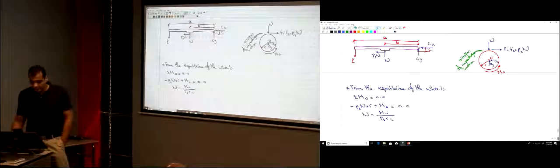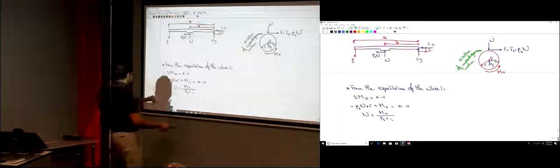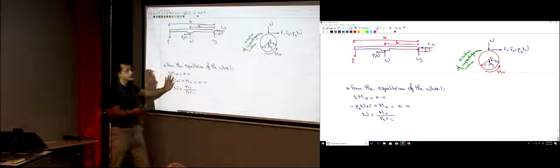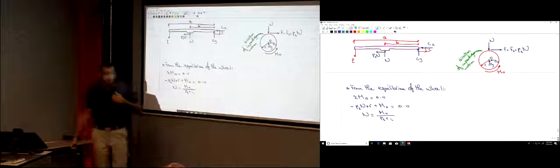So as you see here, it's M naught divided by r. So this force mu s N, the horizontal force, is equal to M naught divided by r.